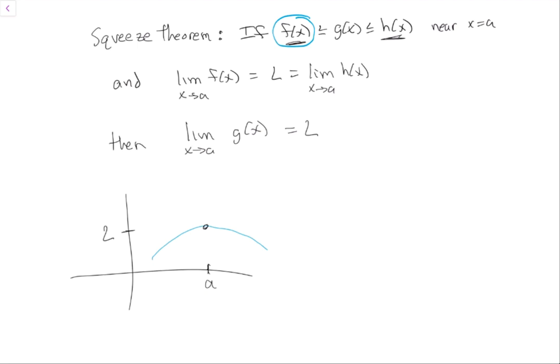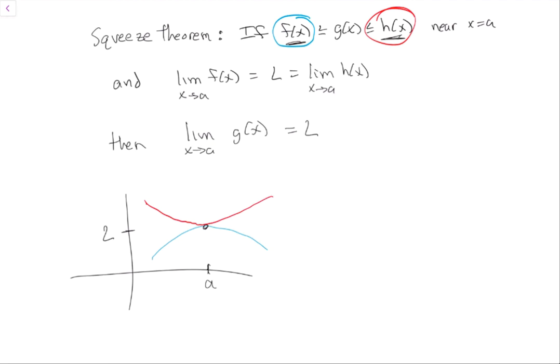Then h is the upper function here, and also as x approaches a, the function h has a limit of L as well. So we're supposing that f is less than or equal to g, which is less than or equal to h.